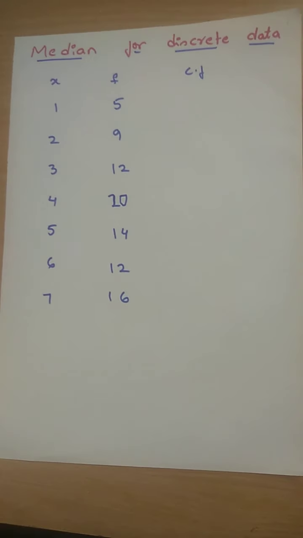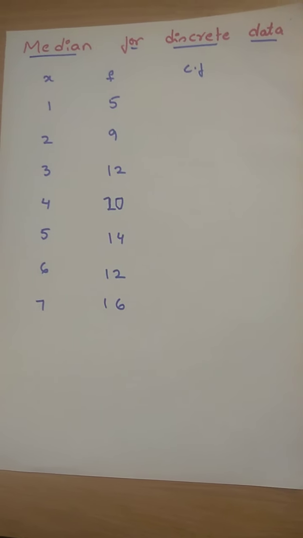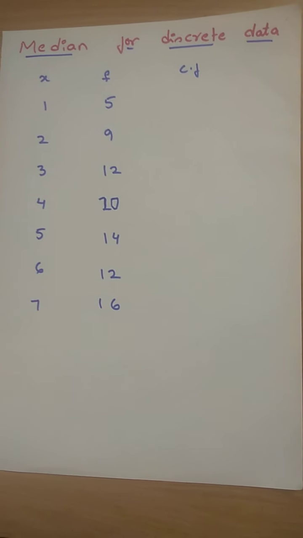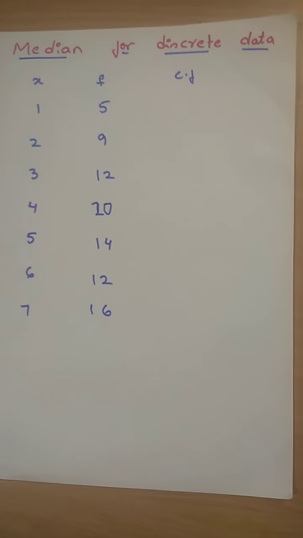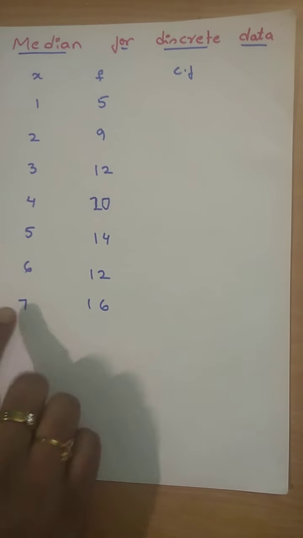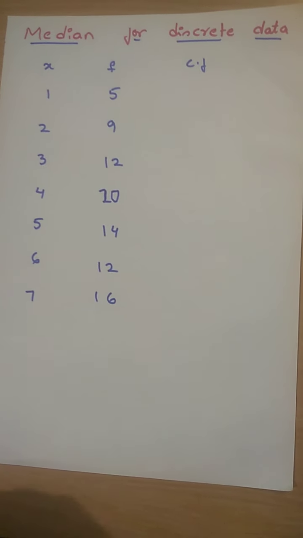Now I am going to explain about finding the median in the case of discrete data. Discrete data means we will have observations and frequencies. For this we need to find the median.